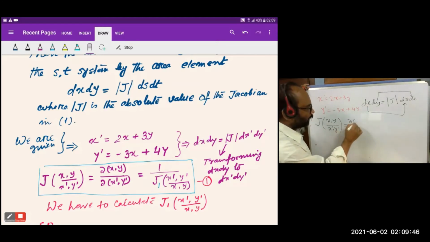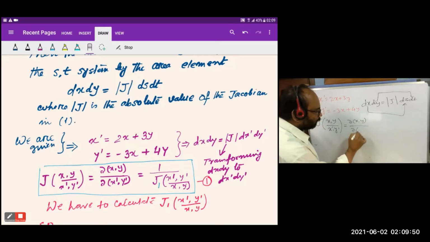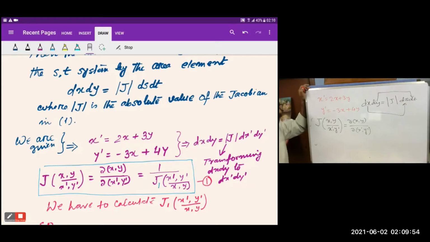That is del xy by del x dash y dash. But see, x dash is given in terms of x and y, and y dash is given in terms of x and y.